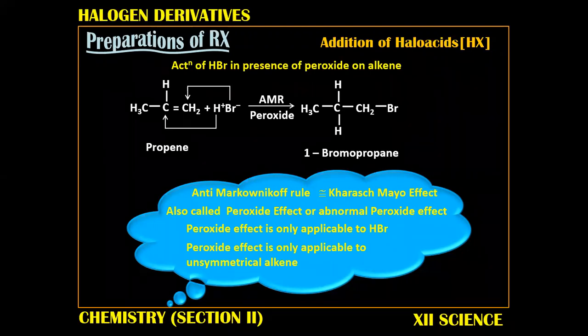Okay. So if you want to know whether it is Markovnikov or anti-Markovnikov rule, if the question is given, what happens when propene reacts with HBr? You have to follow Markovnikov rule. That is 2-bromopropane major and 1-bromopropane minor product. But if they say when propene reacts with HBr in presence of peroxide, then the reaction becomes opposite. 1-bromopropane is major and 2-bromopropane is minor.